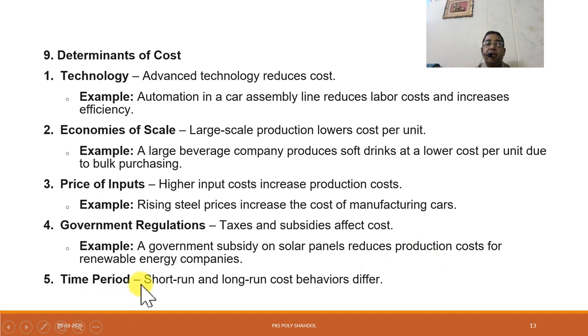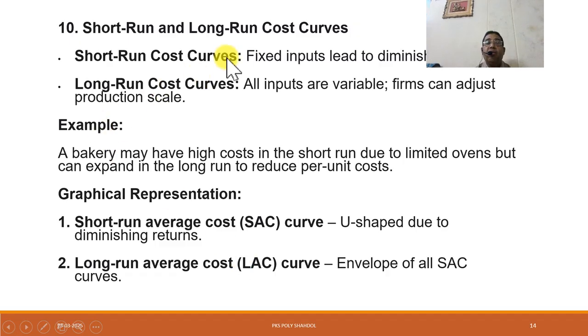And time period. Time period means short run and long run costs behave differently. Short run and long run cost curves. In the short run, fixed input leads to diminishing returns, and in the long run cost curves, all inputs are variable and firms can adjust the production scale. For example, a bakery may have high cost in the short run due to limited ovens, but can expand in the long run to reduce per unit cost.